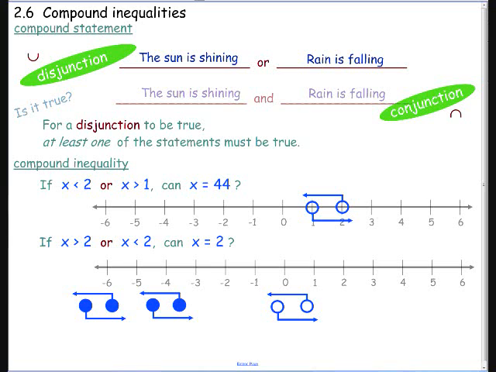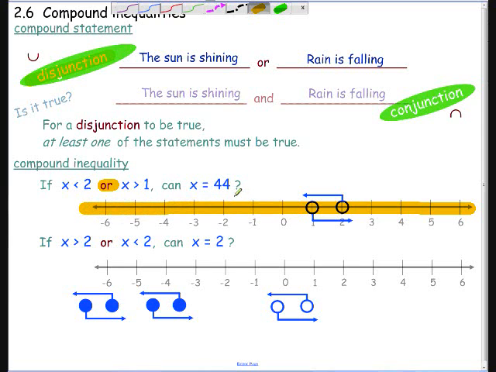Well, let's see. So we know with the or, that's the important piece here, we've got a disjunction, means that all of this is true and all of this is true. In other words, there's no number that isn't true in this case.